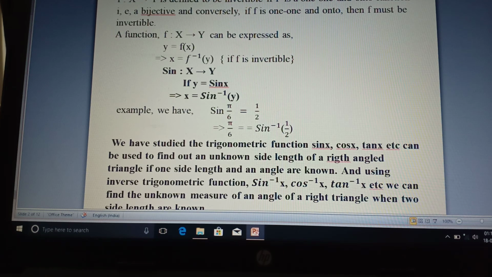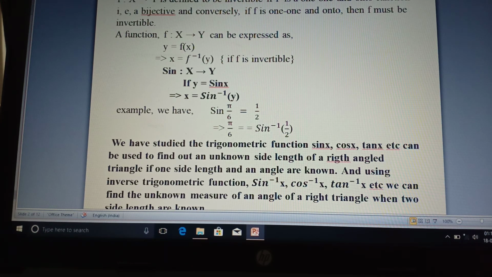Now we have studied that the trigonometric functions sin x, cos x, tan x, etc. can be used to find an unknown side length of a right angle triangle if one side length and an angle are known.